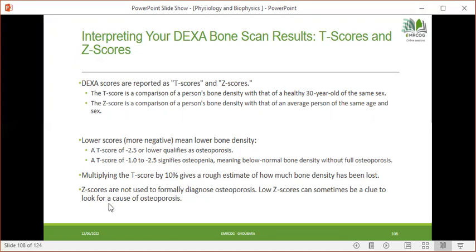Why we don't use that score? Because as we said, it's more specific and it needs a specific population to compare to. Also, a low Z score can sometimes be a clue to look for a cause for osteoporosis.